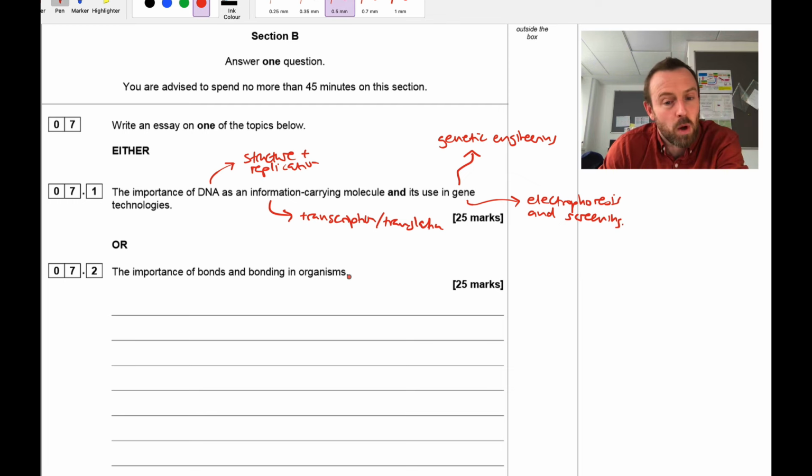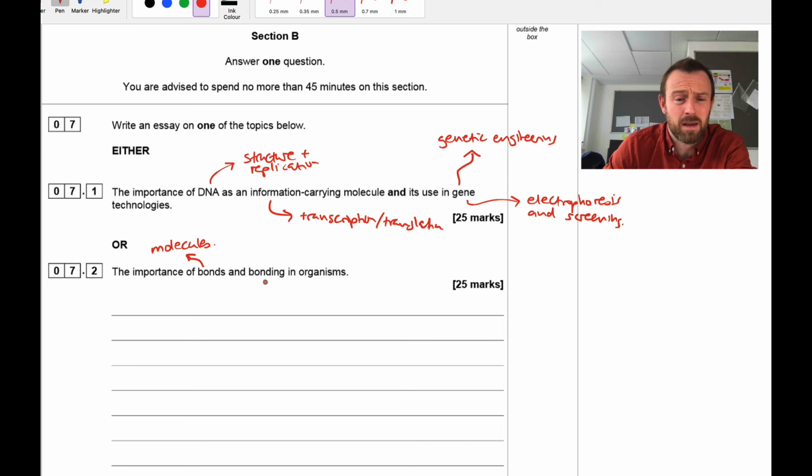Down here, the importance of bonds and bonding in organisms, I would find this maybe a little bit harder. Bonds and bonding in organisms. Goodness. Okay, so bonds, I'm thinking about biological molecules. So I'm thinking about carbohydrates and proteins and polymerization.